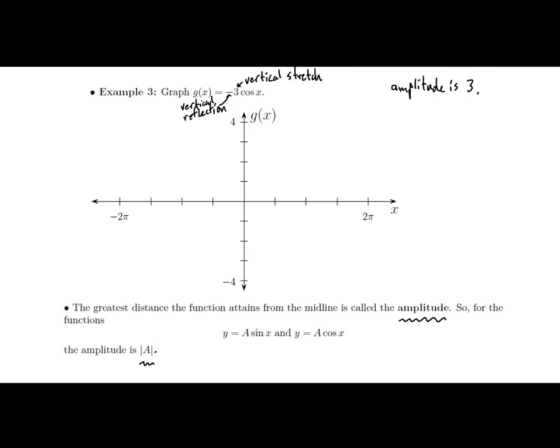Now, since we have 2 things to apply, and we're just now learning what the cosine function looks like, I think it might not be a terrible idea just to make a quick sketch of the original cosine function, so that we can reference it as we're doing these problems.